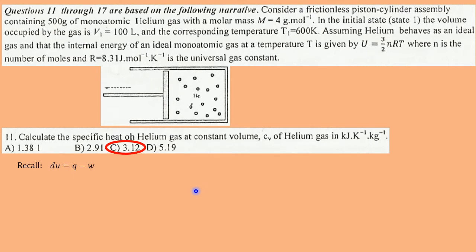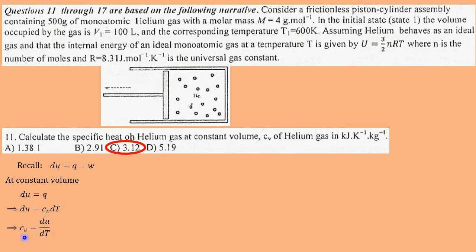Now let's recall that from the first law of thermodynamics, dU is equal to Q minus W. At constant volume, dU is just equal to Q. So that permits us to write dU equals Cv dT.